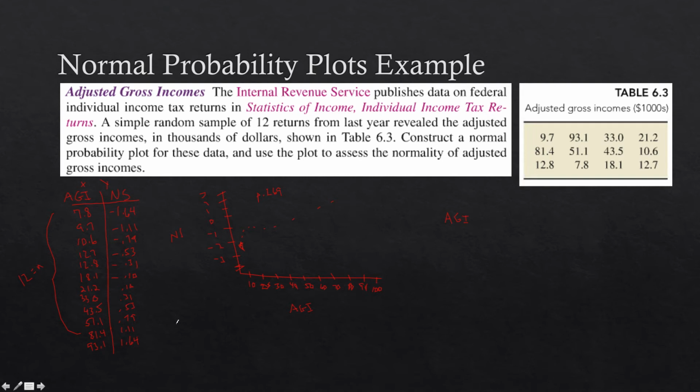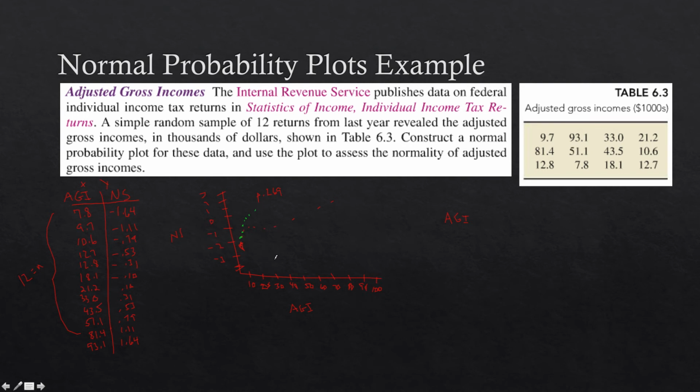So if we wanted to do this correctly, you can look at it in your book, but it's going to be 7.8, negative 1.64; 9.7, negative 1.11; 10.6, negative 0.79; 12.7, negative 0.53; 12.8, negative 0.31; 18.1 is going to be negative 0.10, and then you're going to have 21.2 as 0.10.